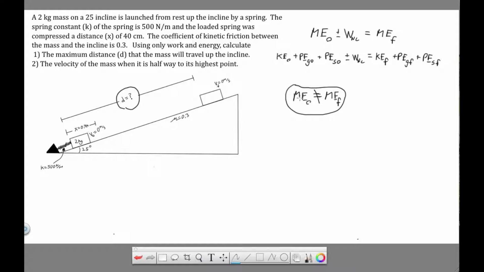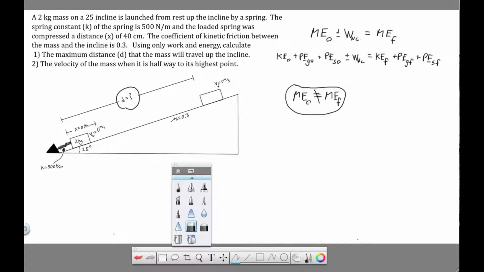So we have to account for friction being present, and the way we do that is by taking this equation and accounting for the work done by the non-conservative force. So mechanical energy initial plus or minus the work done by the non-conservative force is equal to mechanical energy final. Now in this problem, the non-conservative force, as I mentioned, is friction.